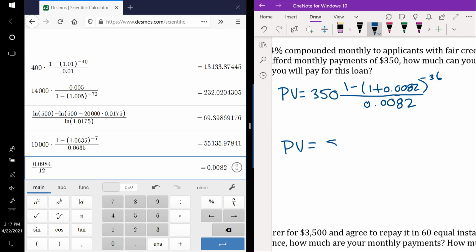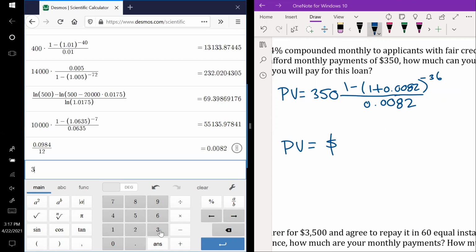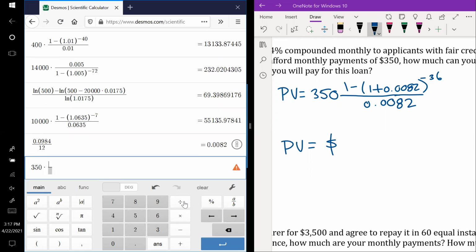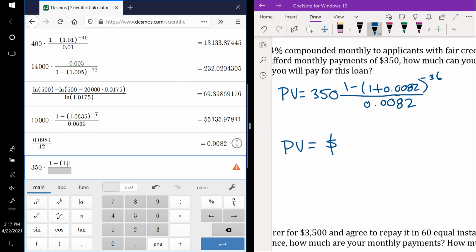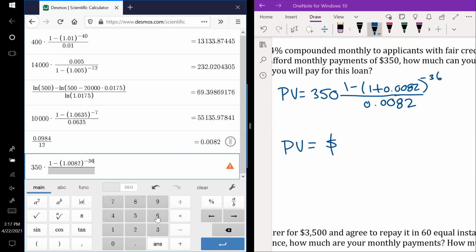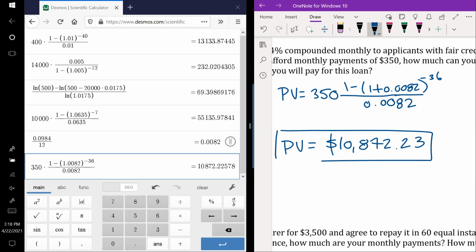And then PV, let's see what we get. 350 times 1 minus 1.0082 raised to the negative 36 over 0.0082. And we want to borrow $10,872.23. And in order to borrow that amount of loan, we need to be able to afford $350 payments.